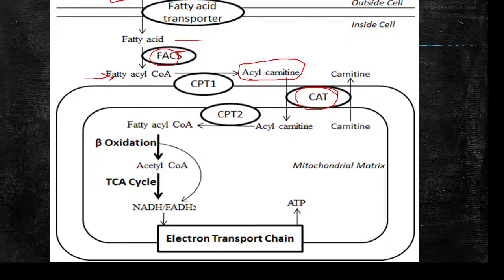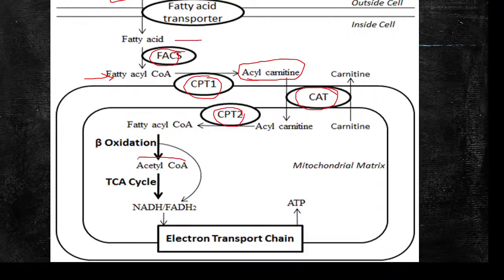Fatty acyl CoA forms acyl carnitine by the action of the enzyme carnitine palmitoyl transferase 1, CPT1, and this enters the mitochondria. From the mitochondria it again forms fatty acyl CoA by the action of CPT2. This fatty acyl CoA undergoes beta oxidation, and it releases acetyl CoA.